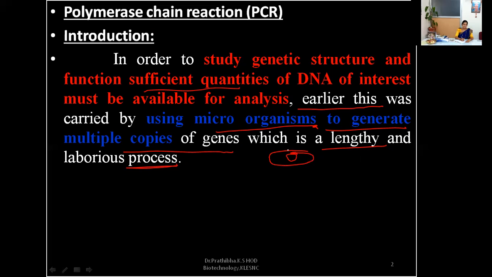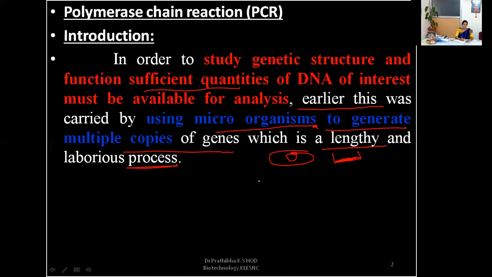After introducing this plasmid DNA into the host system, we need to grow it in the culture plate. We need to wait for 24 to 48 hours, then observe. So it is a very lengthy and laborious process.